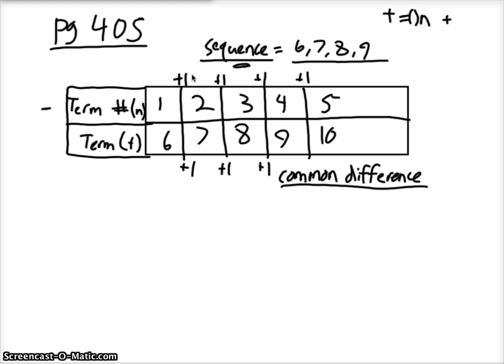Our common difference means we are multiplying our term number by our common difference. So we multiply our term number by 1. 1 times n is just 1n, and we say it as n. So we have t equals n.